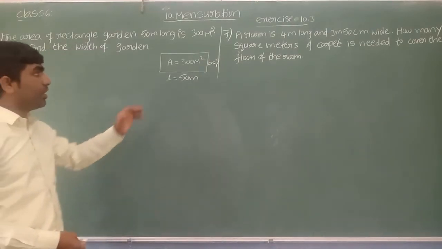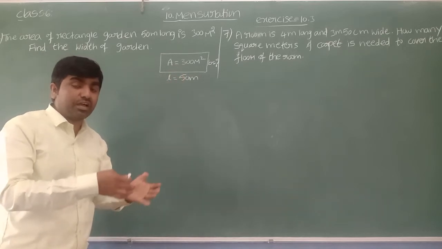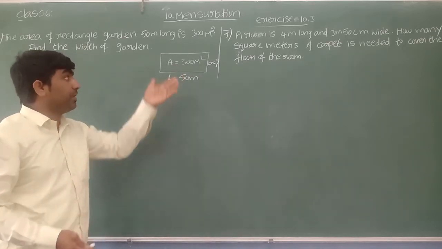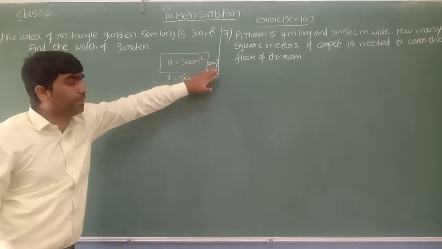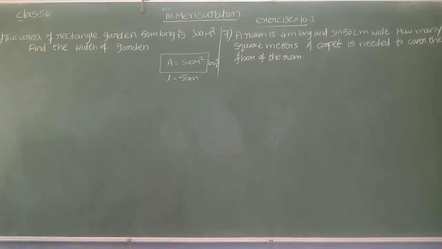So what relation do we know about these? Length, breadth. We have a relation: area is equal to L into B. With the help of that relation, we try to find the breadth, I mean the width of that garden. Let's see the solution.